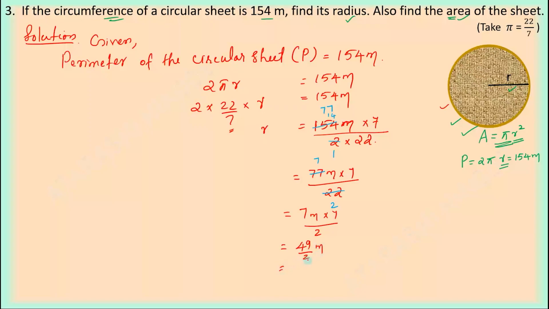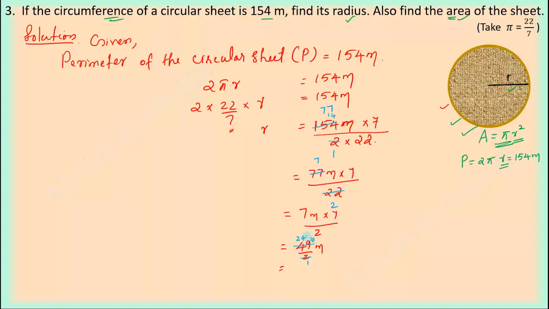When we divide 49 by 2, 4 divided by 2 is 2. 9 divided by 2 is 4 times, and remainder 1. Next, there are no digits here, so put 0 here.